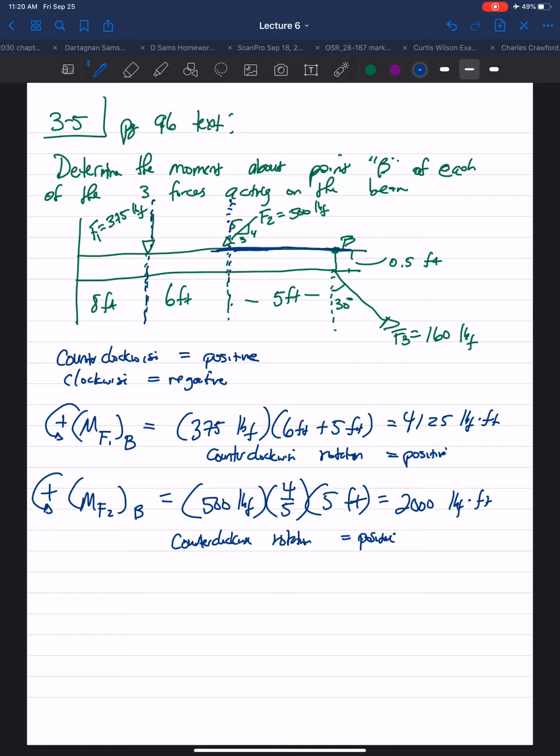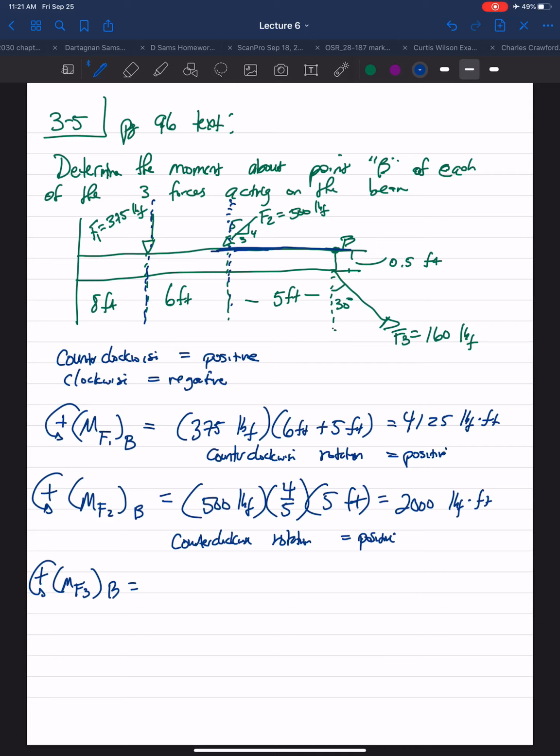Last but not least, F3, the moment caused by force F3 about point B. So F3, once again, is at an angle. So we have both a vertical and horizontal component of F3.